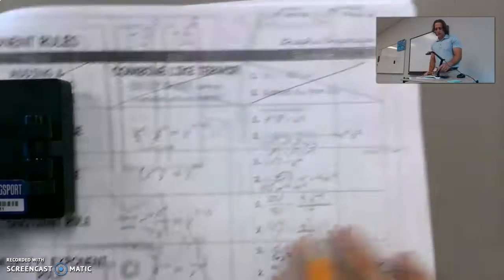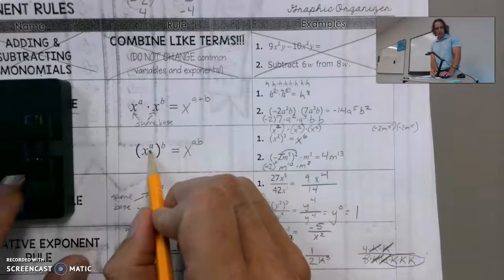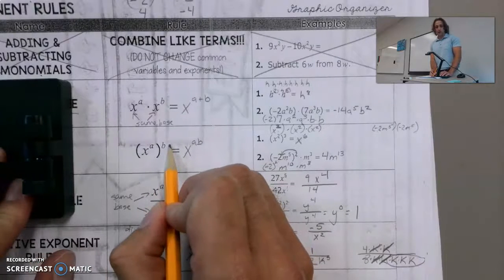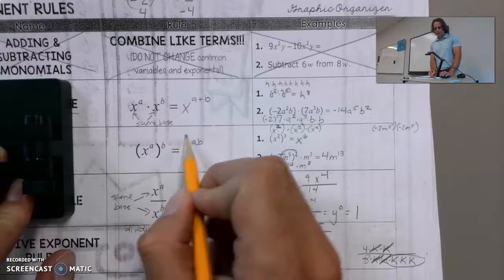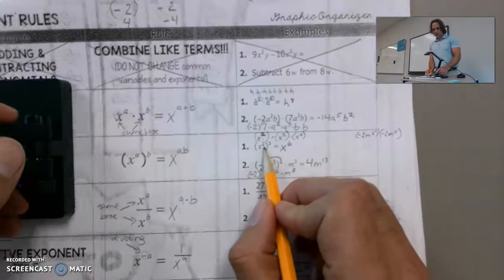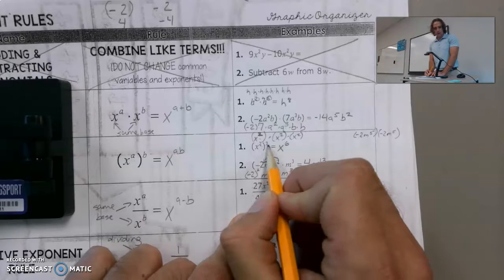All right, the next rule is the power rule. And this is the idea that if I have some exponent, something written in exponential form, and then I raise that to a power, what I'm doing is multiplying the exponents. And I can demonstrate that through expansion here on example 1, x squared to the third power.